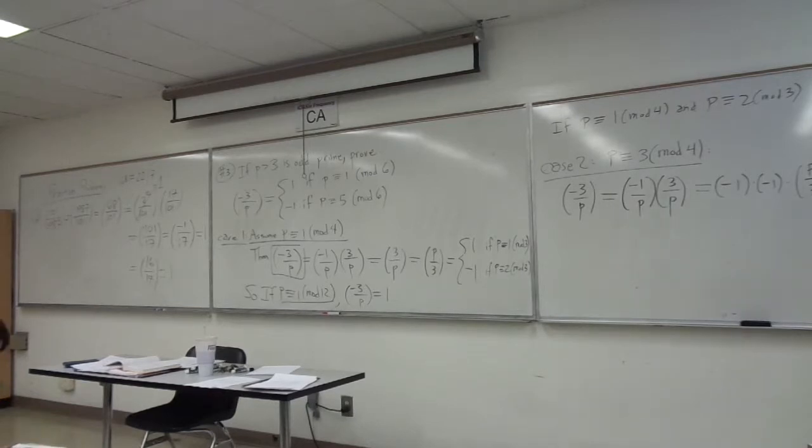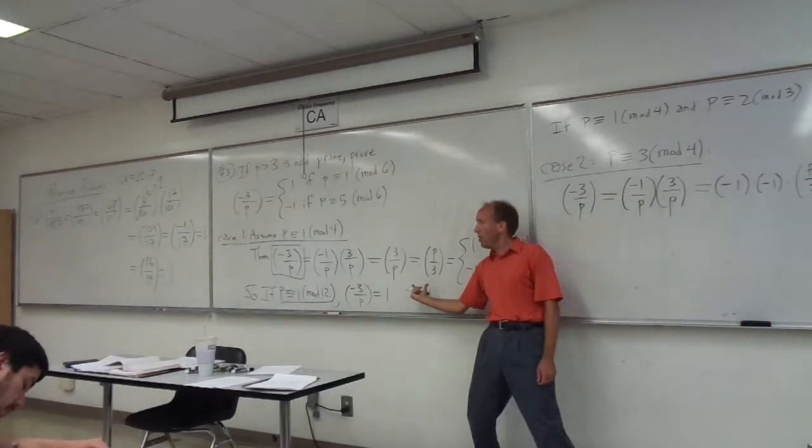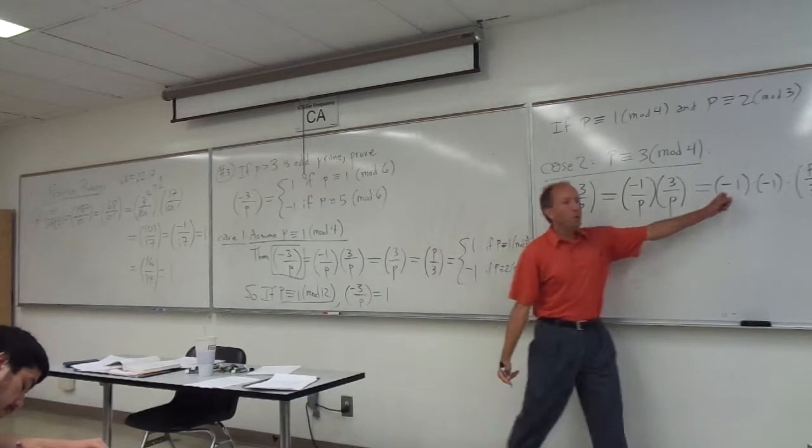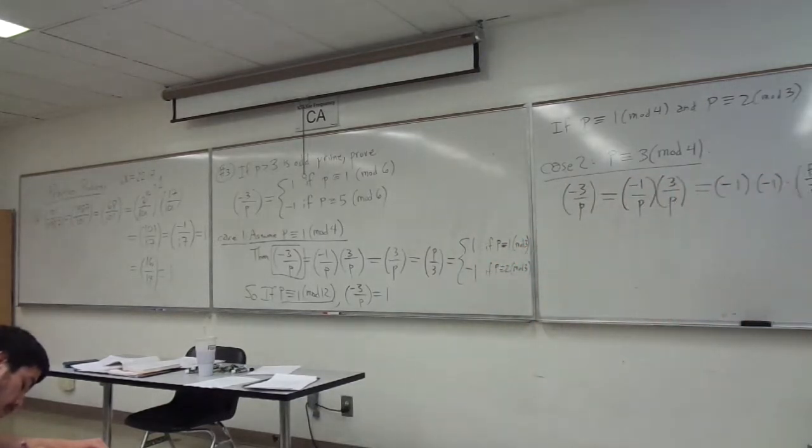And so I have here the Legendre symbol of p in mod 3. So actually, it's coming out the same as it did before, right? We ended up with the same Legendre symbol at the end of the day. 2 negative signs canceled out. So I'm just going to get 1 or -1. The first one is, again, if p is congruent to 1 mod 3, and the second one is if p is congruent to 2 mod 3.